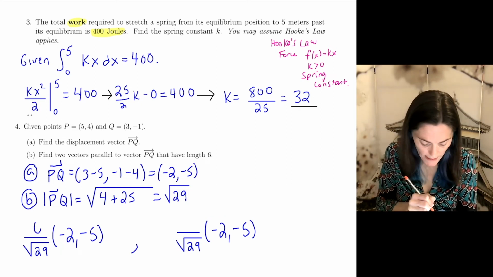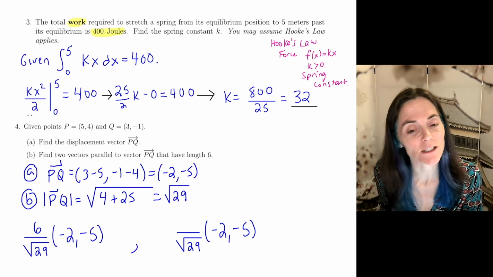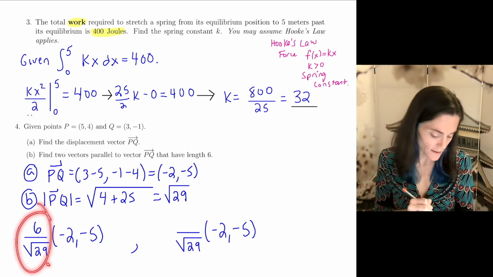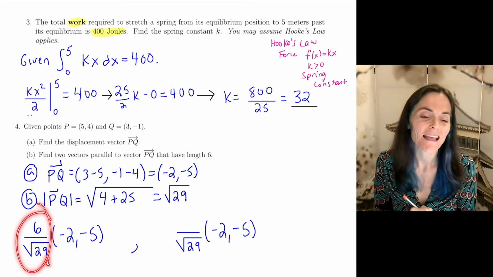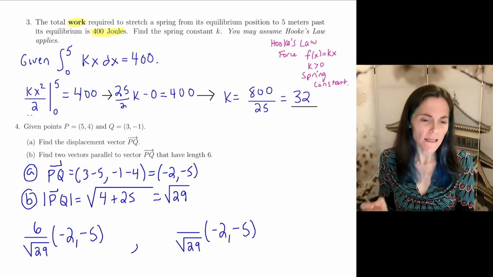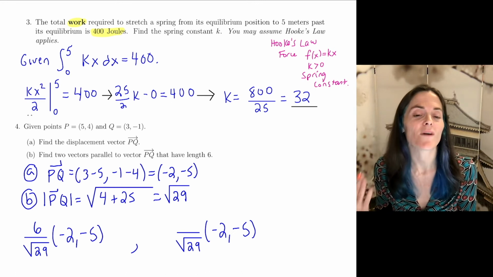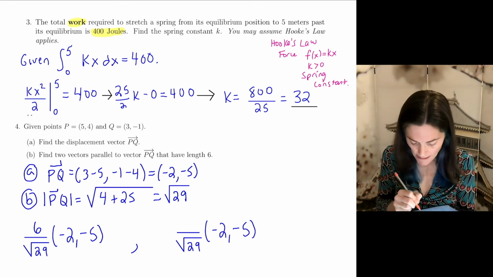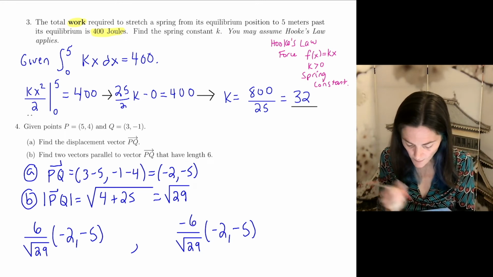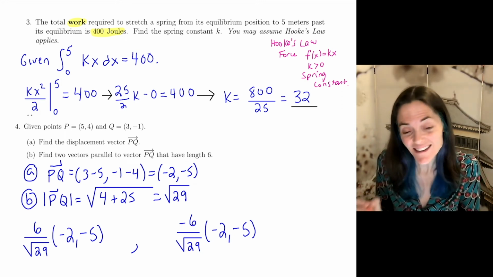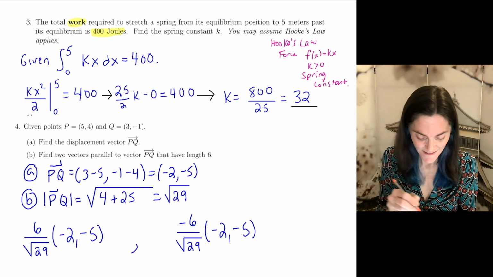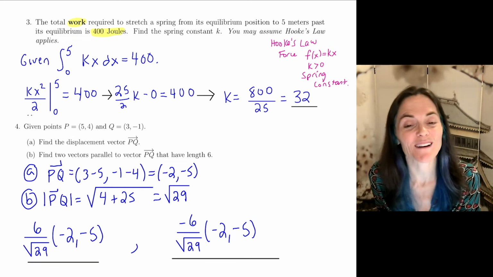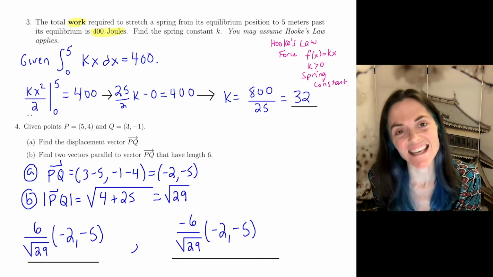One is just multiply by 6. There is a vector. Certainly, it's parallel to PQ because here's the multiplier. It's a multiple of PQ. But then also the way we constructed it, this vector has length 6. Another one is take this unit vector and multiply by -6. So here's our 2 vectors. They are parallel to PQ and have length 6.